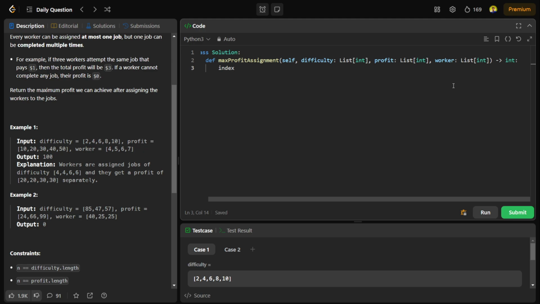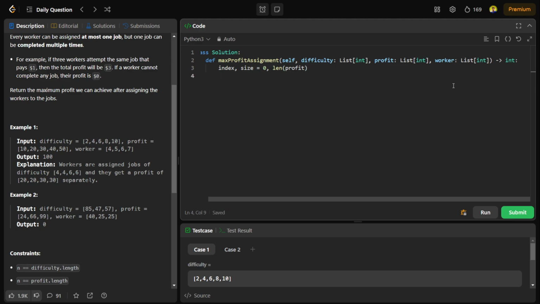So I might have some indexes for which task or which job I will be picking up. I have the size of my worker as well, and the profit as well. So for now, the index will start from 0 and I have that job. Either I can choose the profit or the difficulty, both will give me how many jobs are available.